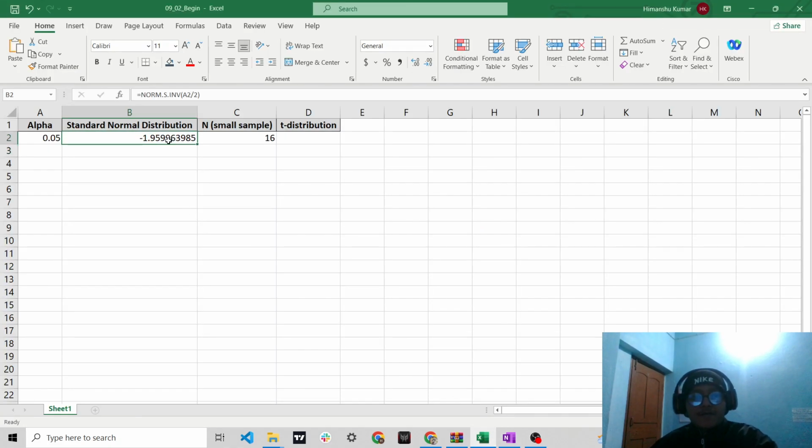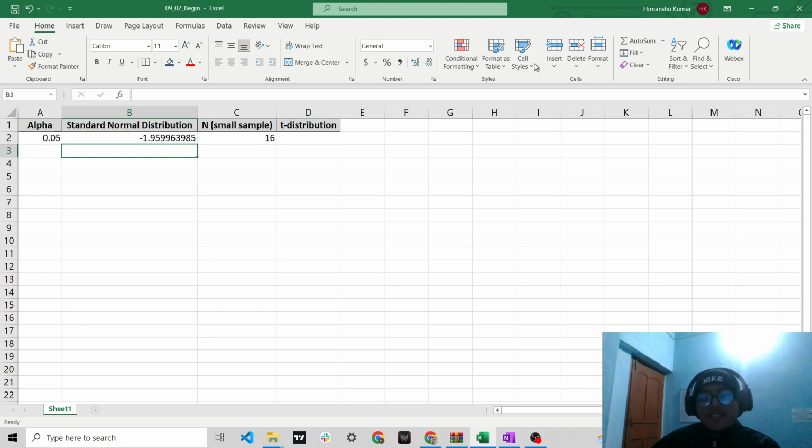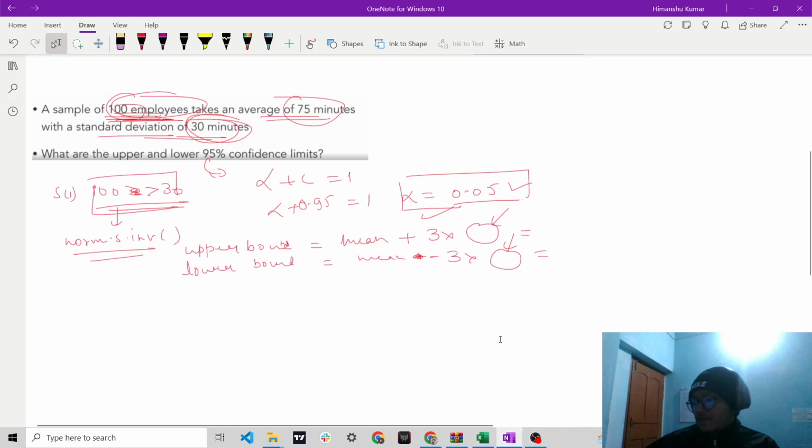So I've already calculated it. What you have to do is type equals, use norm.s.inv, then select the alpha value, divide by 2, and then enter. So this is minus 1.95 actually. For a two-tail test you have to write plus or minus 1.95.